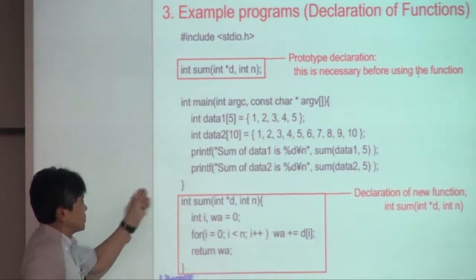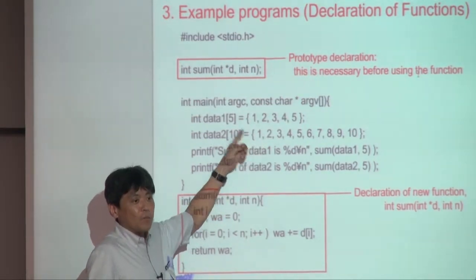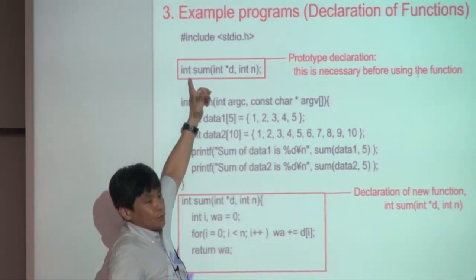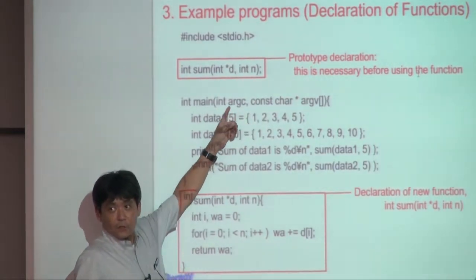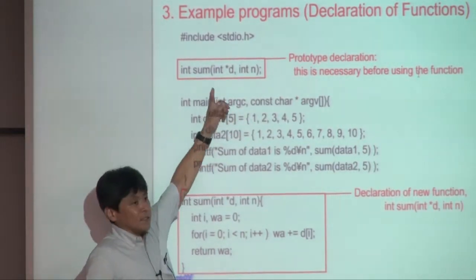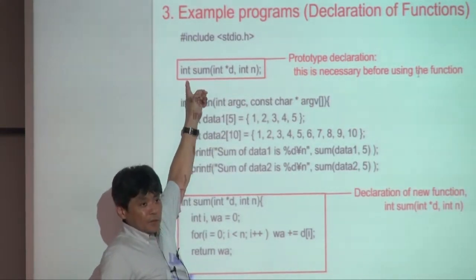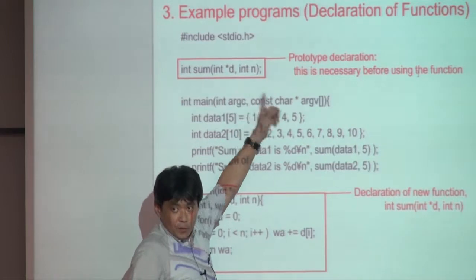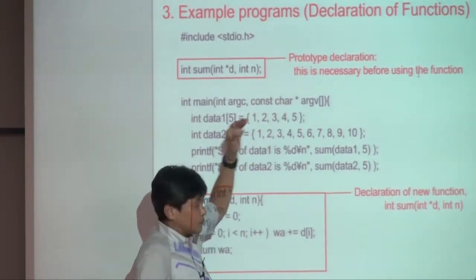To teach such information to the compiler, you have to put the prototype definition of the functions. Here you only write the return type, the function name, and the argument types and argument number.